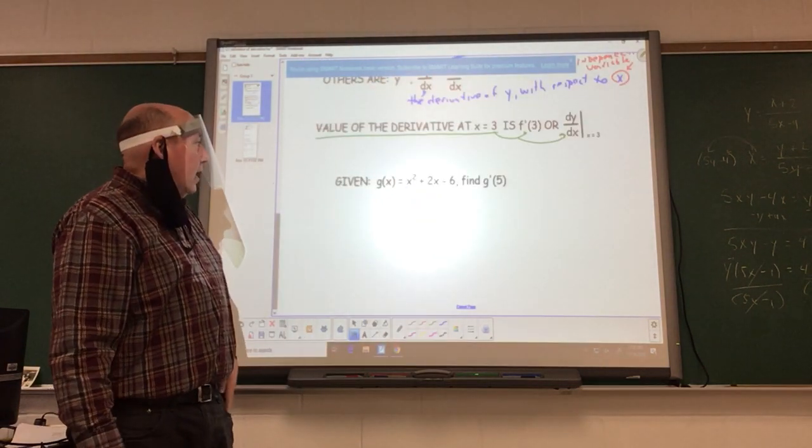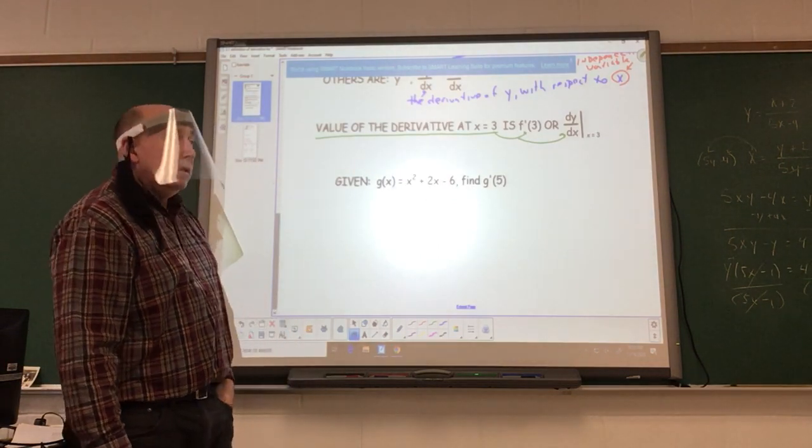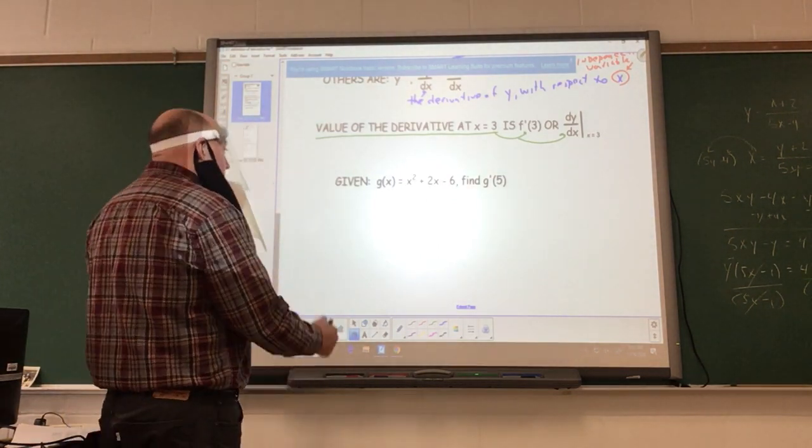Given the function x squared plus 2x minus 6, find g prime at 3.